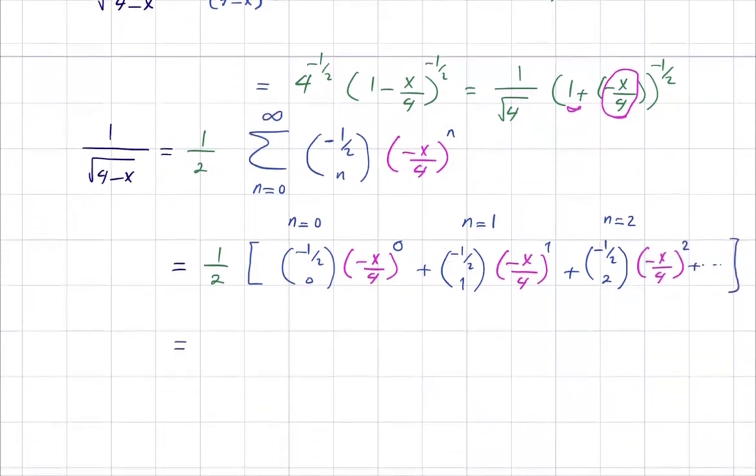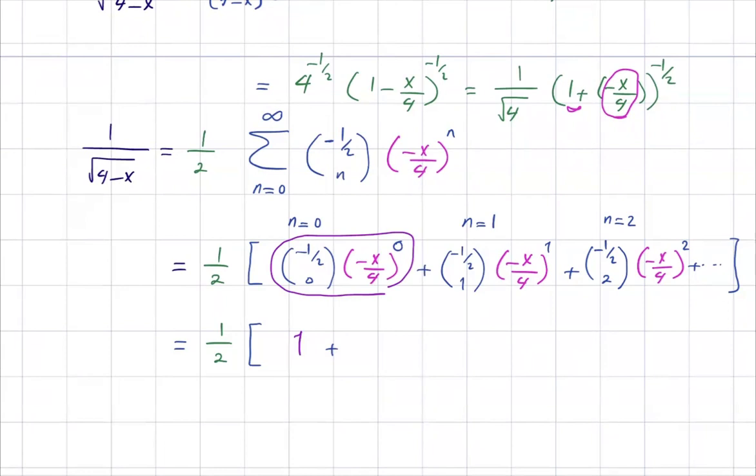The sum is equal to a half. Let's open the parenthesis. Negative 1 divided by 2, choose 0. This guy is going to be just 1. Plus, then you have negative a half, choose 1, times negative x divided by 4.